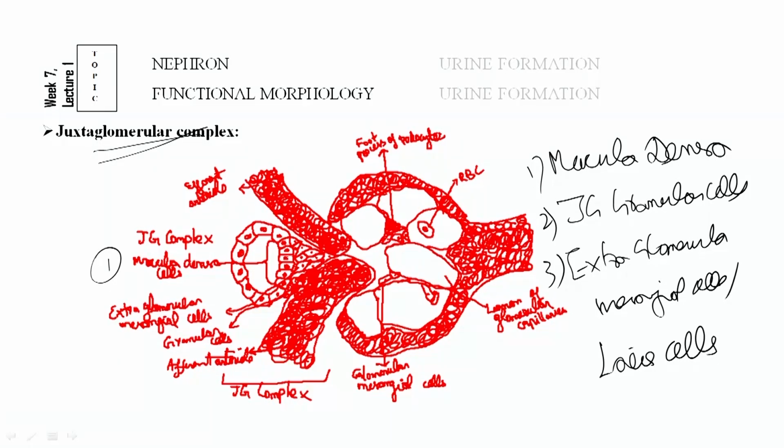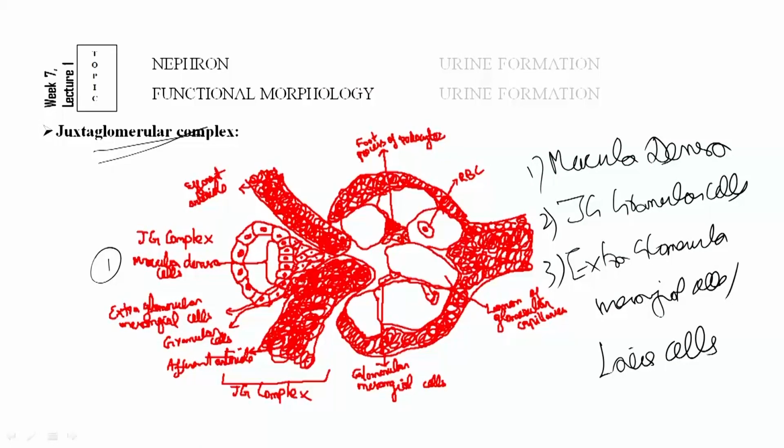These are modified epithelial cells which line the distal convoluted tubule where it comes in contact with the afferent arteriole and efferent arteriole. In other areas you will not find these macula densa cells, except at the distal convoluted tubule where it comes in contact with the afferent and efferent arteriole.